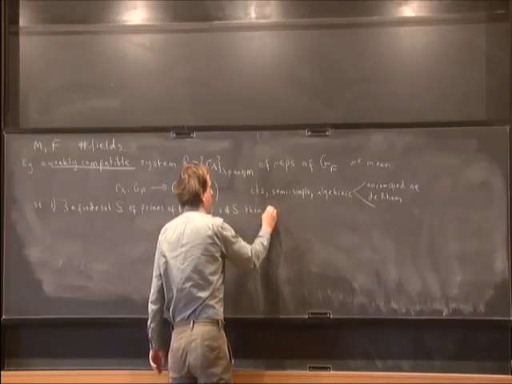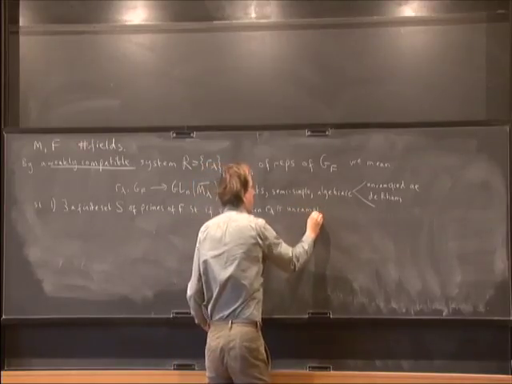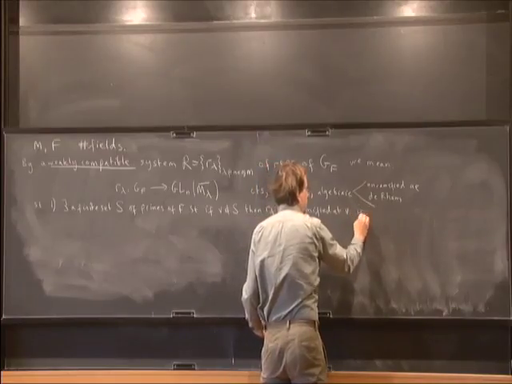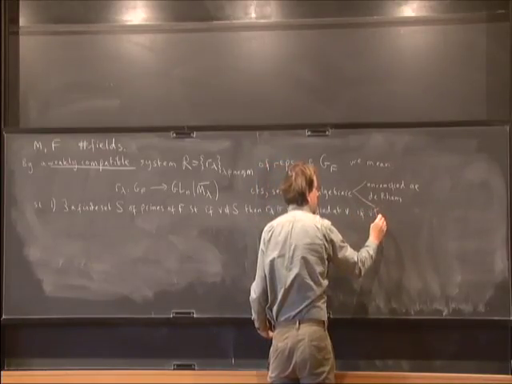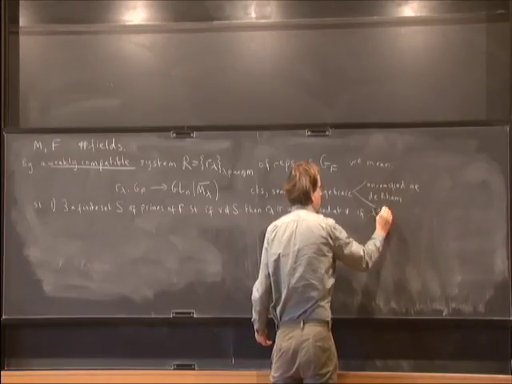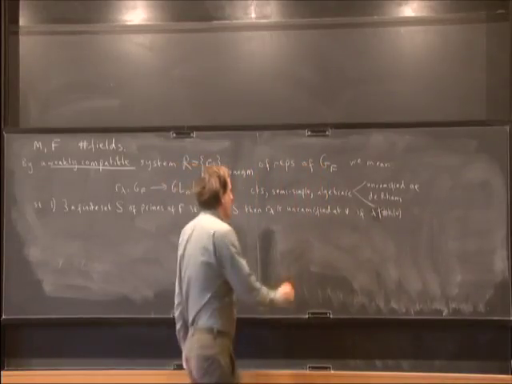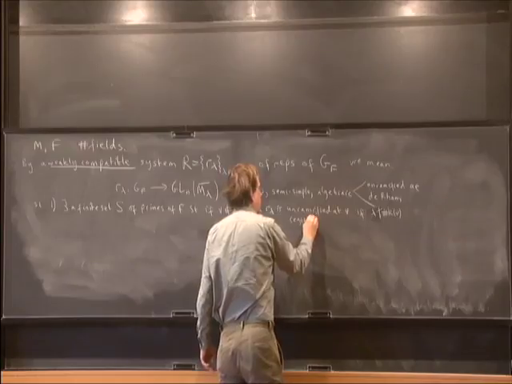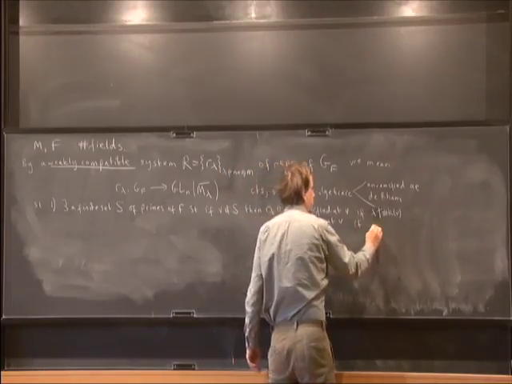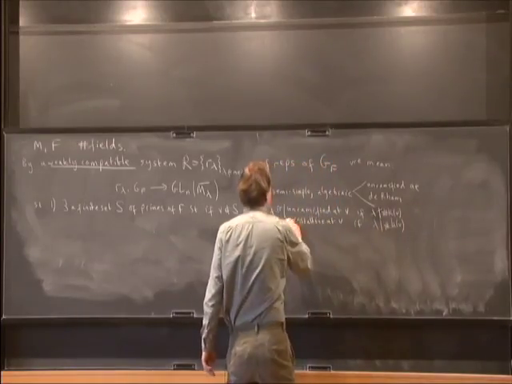Then R lambda is unramified at v, in the case lambda not dividing the residue characteristic of v, and crystalline at v if lambda divides the residue characteristic of v.